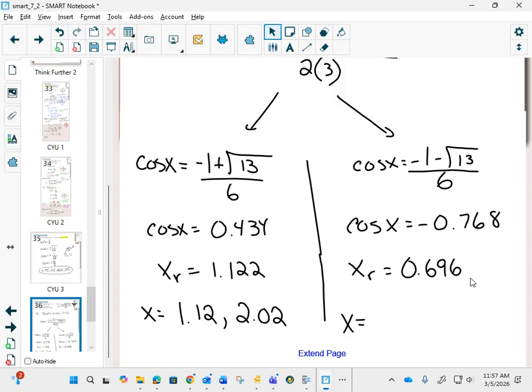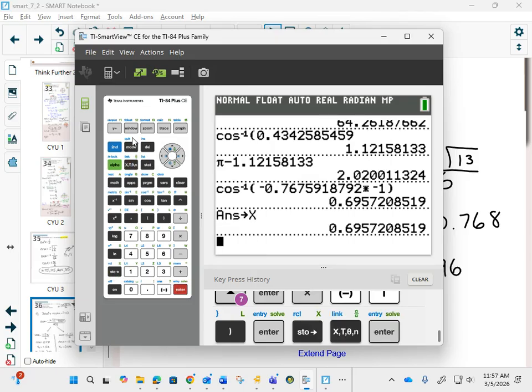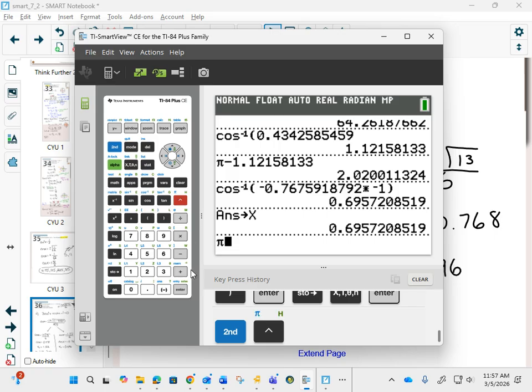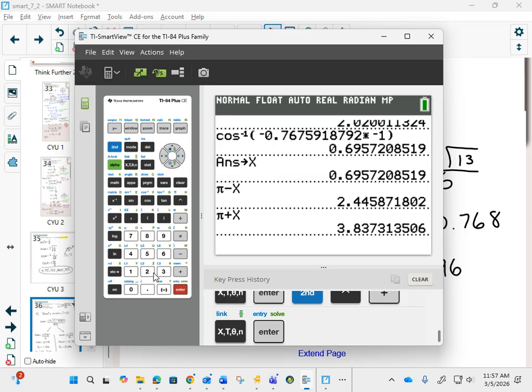But because cos is negative, I'll look in quadrants 2 and 3. So I'm going to use that store button again. Store that reference angle as x. Quadrant 2 will be pi minus x, and quadrant 3 would be pi plus x.